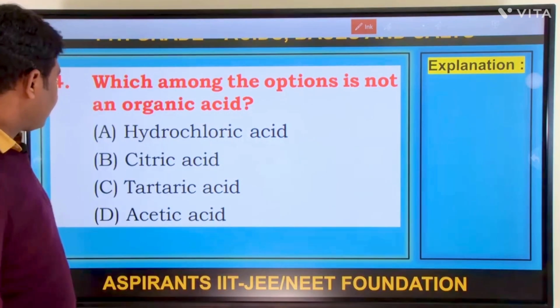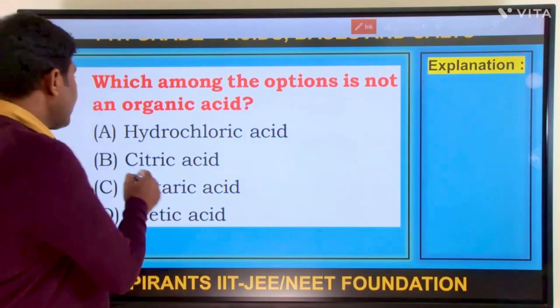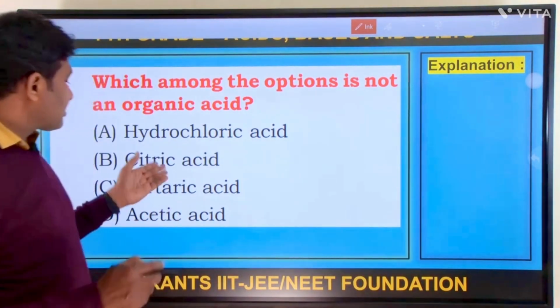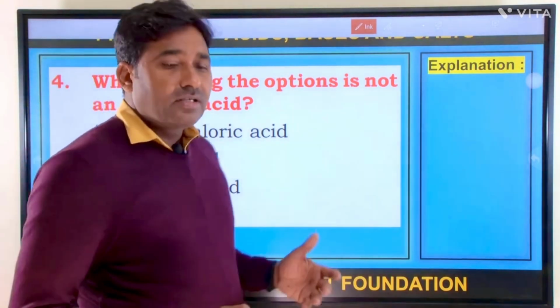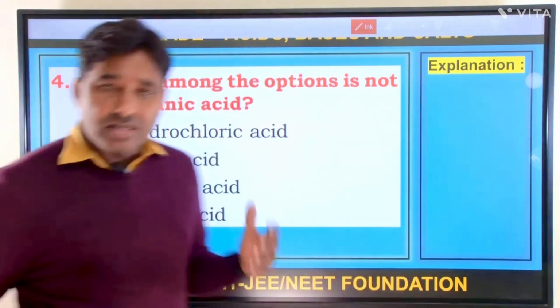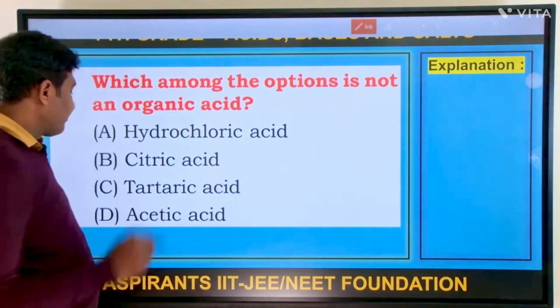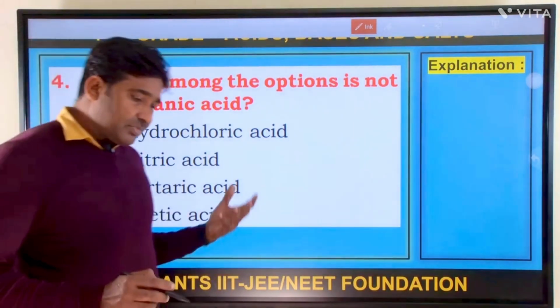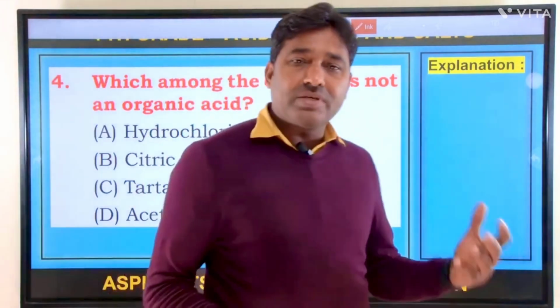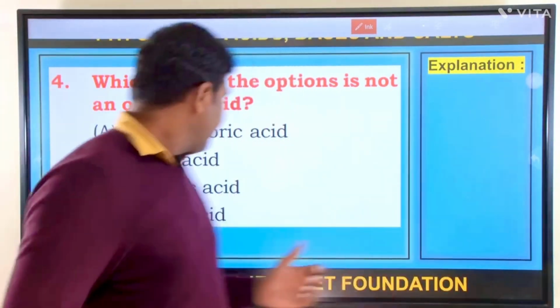Citric acid, as we just discussed, is a natural organic acid which occurs in citrus fruits. Next, tartaric acid is also a natural organic acid which occurs in tamarind.